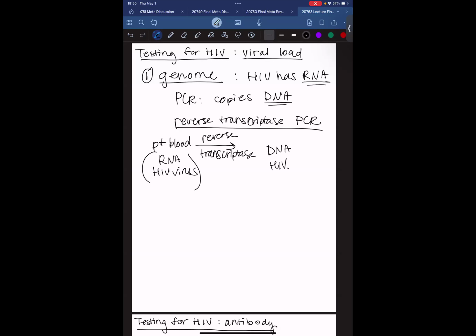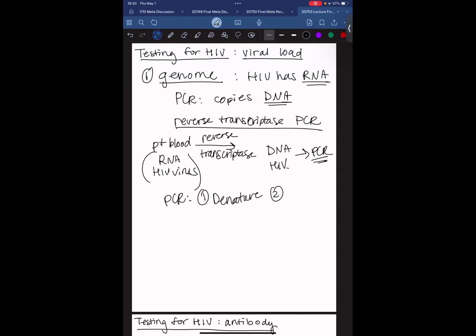All right. So we can turn that RNA from the HIV into DNA and then do PCR using primers that look for genes that are associated with HIV. And remember, with PCR we have 3 steps. The first one is denaturation.